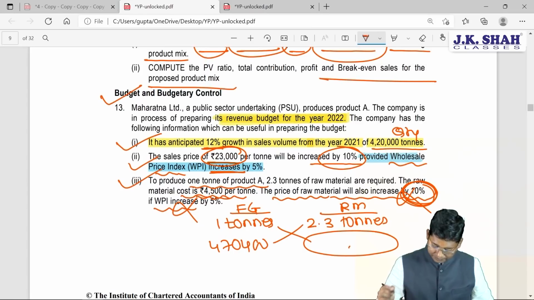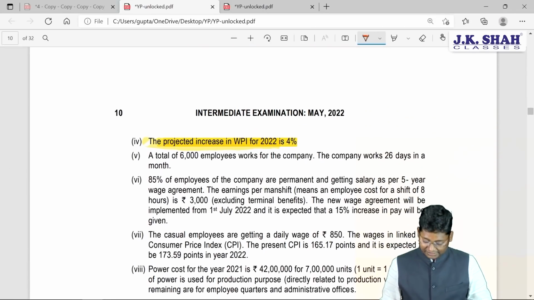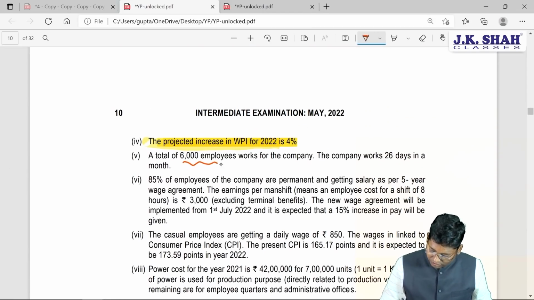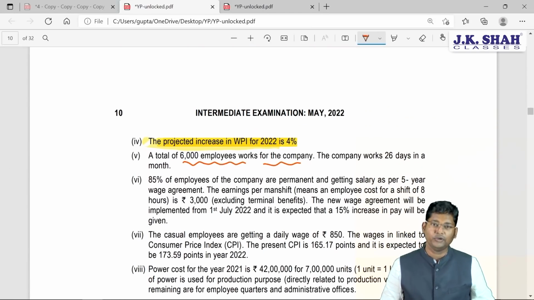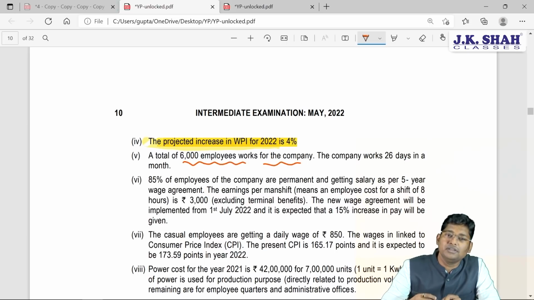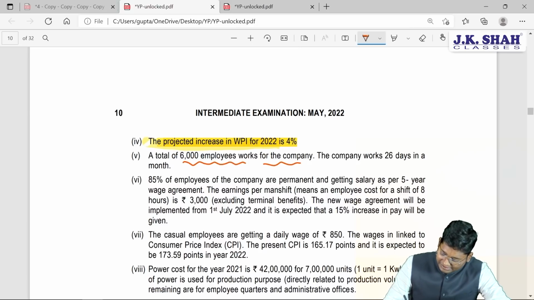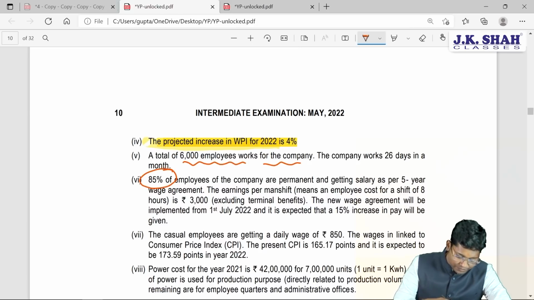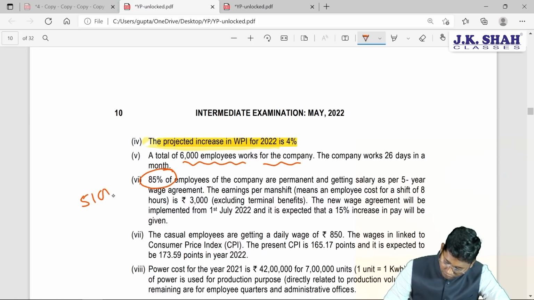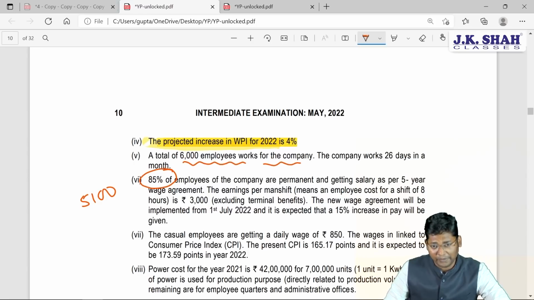Let's move further. Point number 5 says a total of 6,000 employees work for the company. So in all, 6,000 workers, employees are going to work for your company, and the company works 26 days in a month. Out of the 6,000 employees, 85% employees, 6,000 into 85% means 5,100 employees of the company are permanent and getting salary as per the 5th year wage agreement.